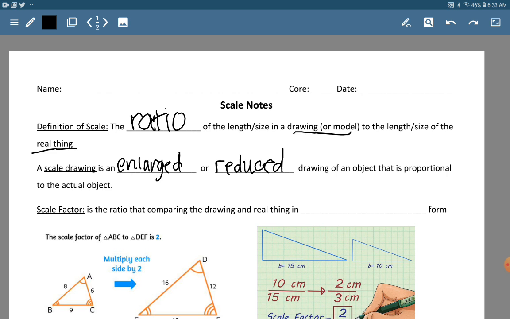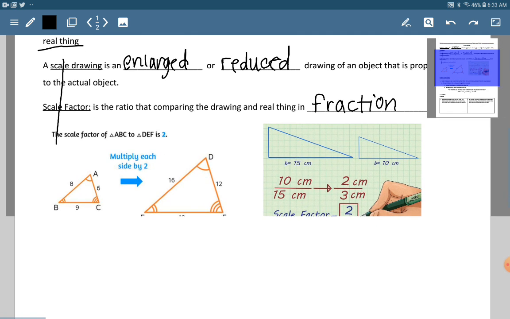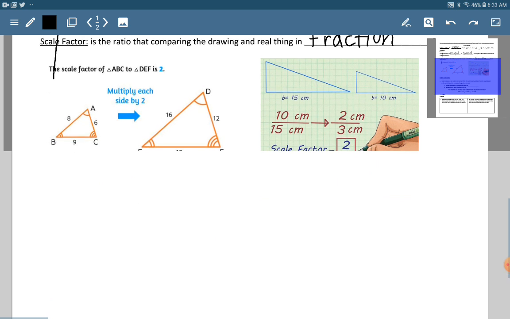We use scale factors to help figure out the actual distance. Scale factor is the ratio that is comparing the drawing to the real thing, but it's always written in fraction form.